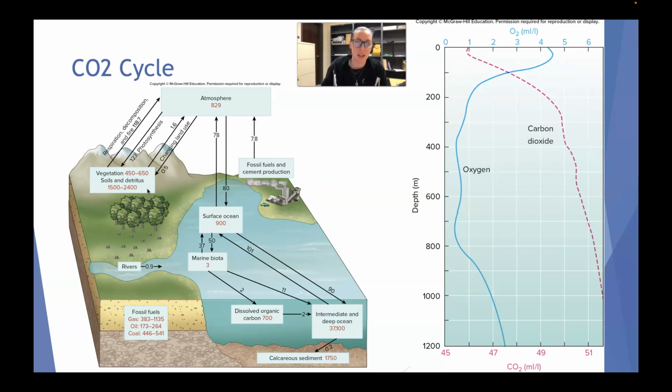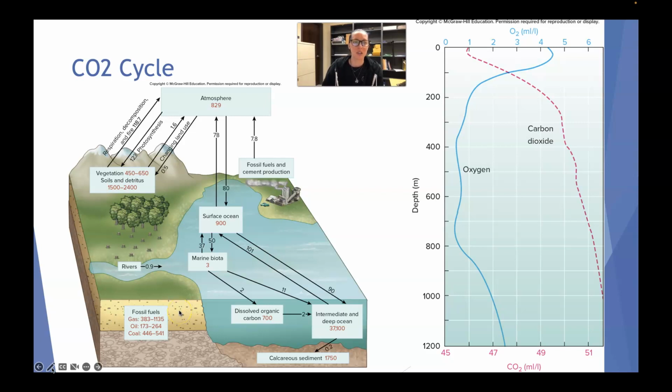And what we can see here is by many, many orders of magnitude, the intermediate, so the middle and the deep ocean, is such a huge carbon reservoir by 37,000 units versus like 900 in the surface ocean, or 3 in the marine biota, or 829 in the atmosphere, right? So the big thing here is it's really used or stored in the intermediate and deep ocean areas, and really a small amount of that is stored as sediment. So it's kind of wild.